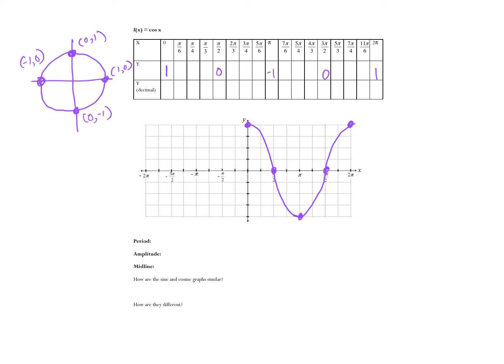If I go in the other direction, I'm in the same place. So the cosine graph is also periodic. It repeats itself because the x-coordinates as we go around the circle will start to repeat themselves as well.